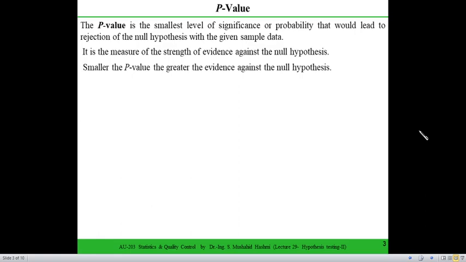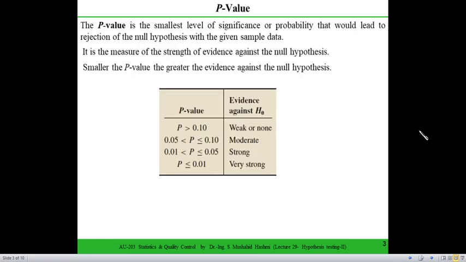So for example, if we come across a smaller p-value, it means the greater the evidence against the null hypothesis. Roughly speaking, if your p-value is greater than 0.1, it means there is no evidence against H0. If the p-value lies between 0.05 and 0.1, then it is moderate evidence against the null hypothesis.